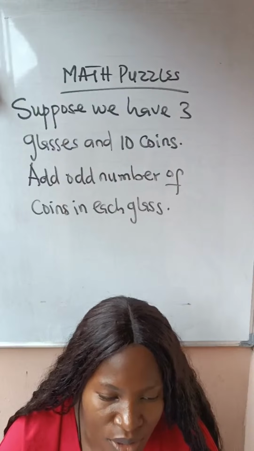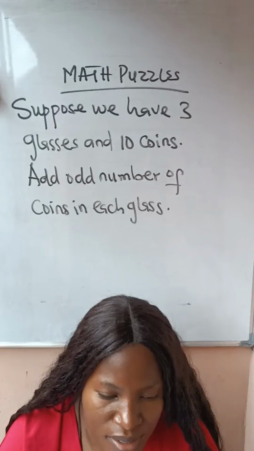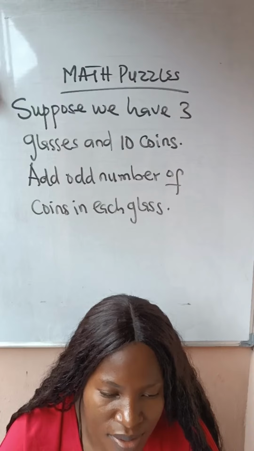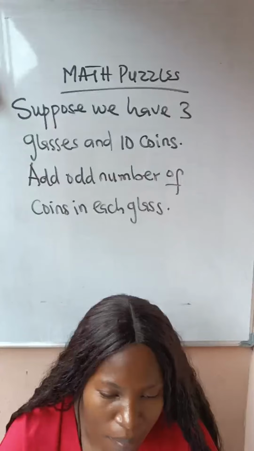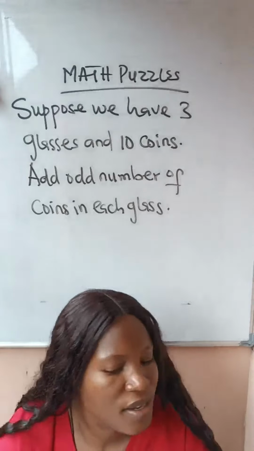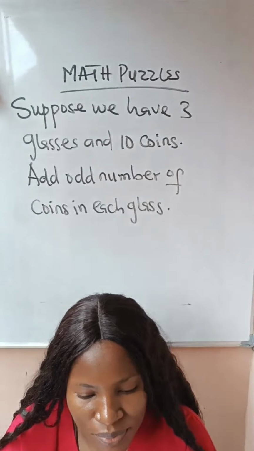Someone is saying 631. 6 is odd? No, 6 is even. Julie is saying it's simply not possible.